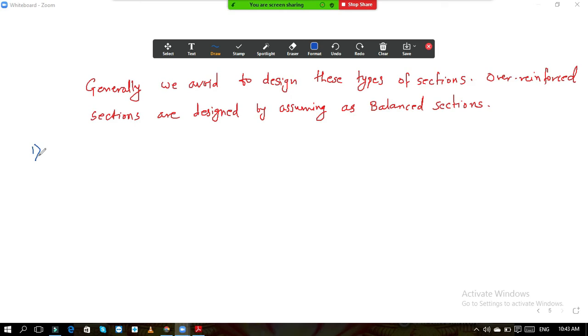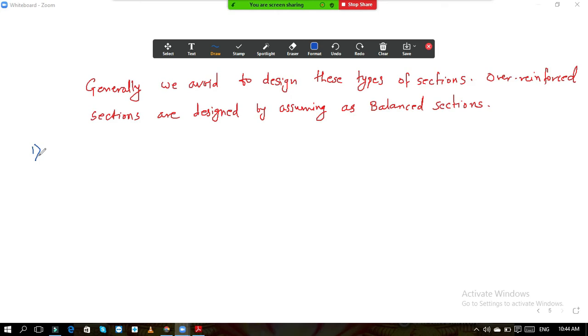So basically these two sections are again divided into three categories, or these are the criteria by which we need to classify these sections: under reinforced sections, balanced sections, over reinforced sections. In the under reinforced sections, I have already given you the formula. Your xu is less than xu max and Mu is less than Mu limiting.